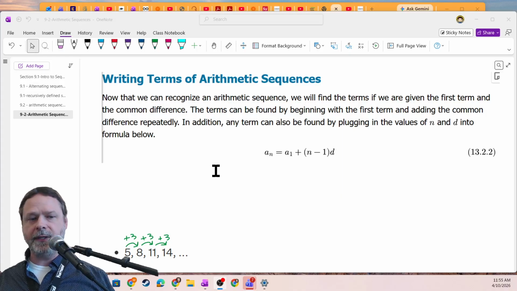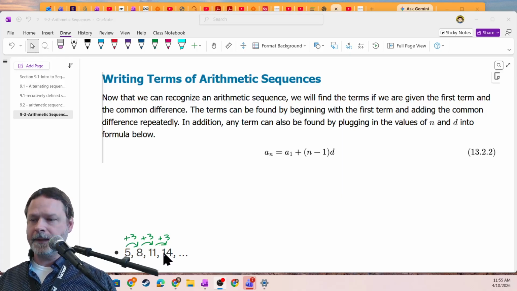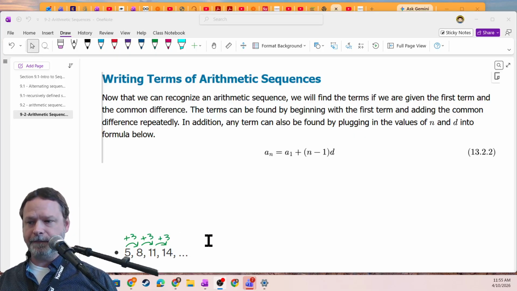And in the last video, we talked about arithmetic sequences, we defined them, and really the definition is to get from one term to the next, you're adding the same thing over and over again, or there's a common difference between each two terms. 8 minus 5 here is 3, 11 minus 8 is 3, 14 minus 11, 3. So we're adding 3 each time.